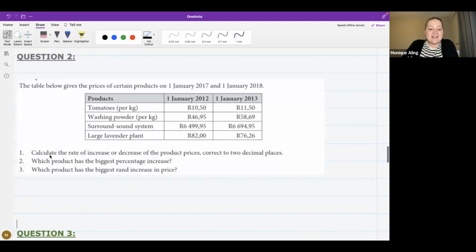Question 1 says, calculate the rate of increase or decrease of the product prices correct to 2 decimal places. So what is that question actually asking us to do? Calculate the rate of increase or decrease of the product prices. What are we working out? We don't need to work out the new price because we have the new price.